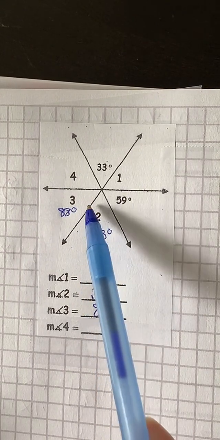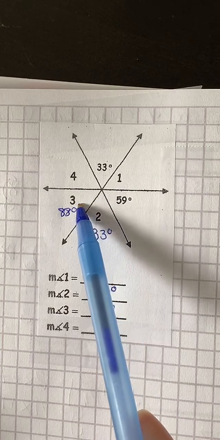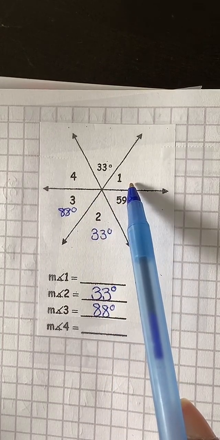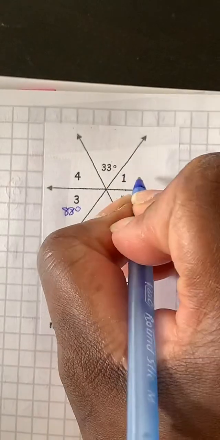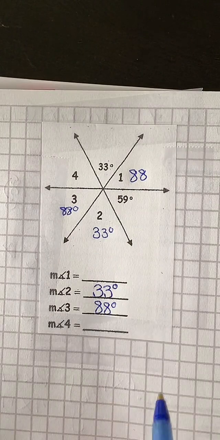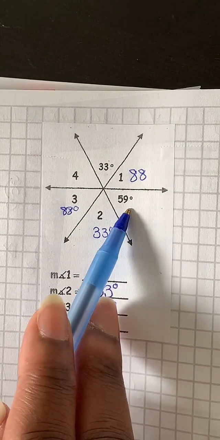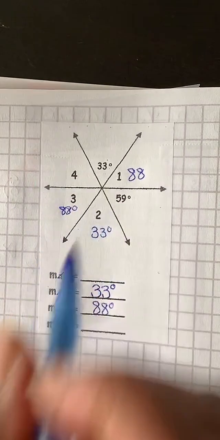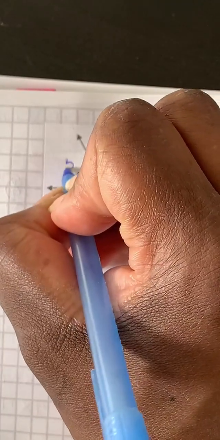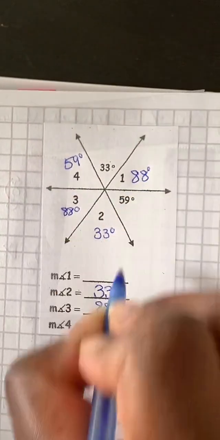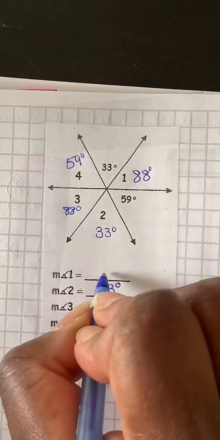All right. So now, angle 3 and angle 1, they're vertical angles. So you got your 88 for 1. And then this 59 degrees and angle 4, they're vertical angles. So this is 59. And make sure you have your degree symbols as well.